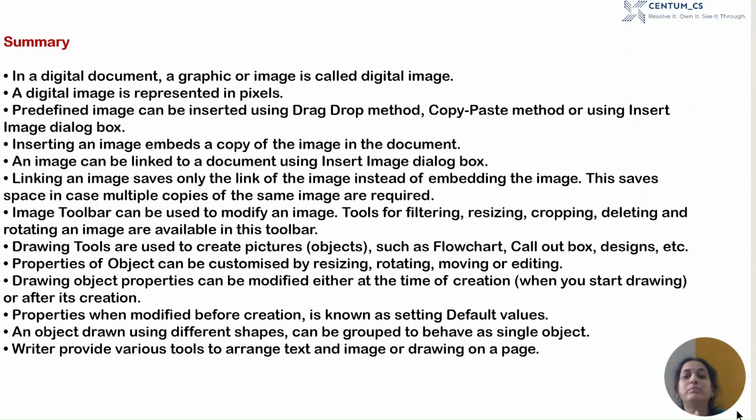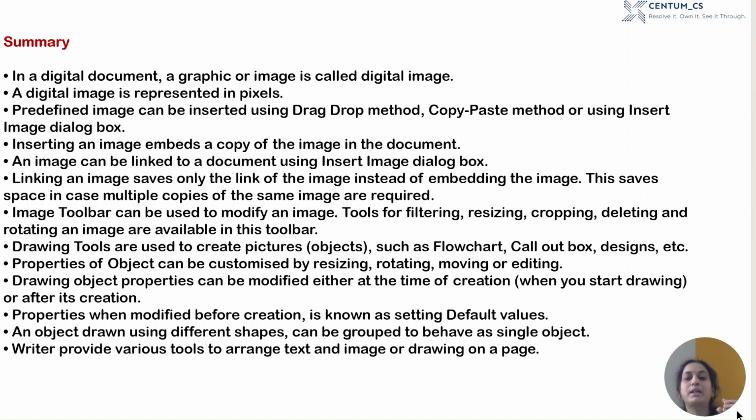The tools for filtering, resizing, cropping, deleting and rotating an image are available in this toolbar. Drawing tools are used to create pictures that are objects such as flowcharts, callouts, box designs, etc.